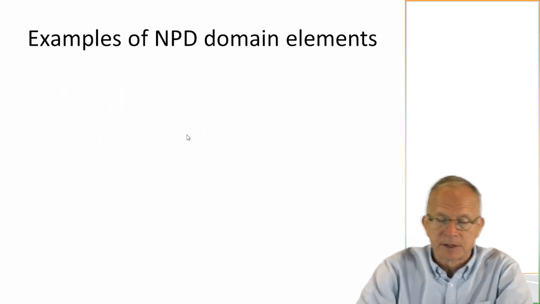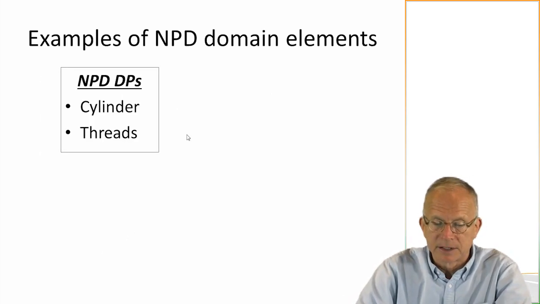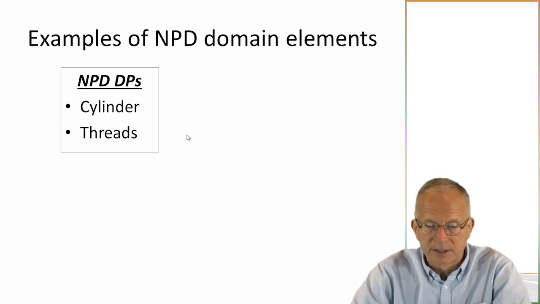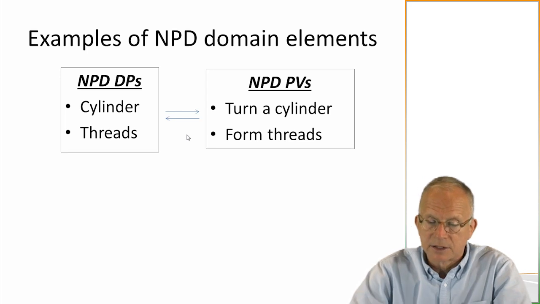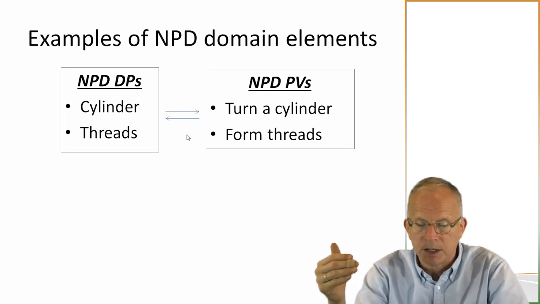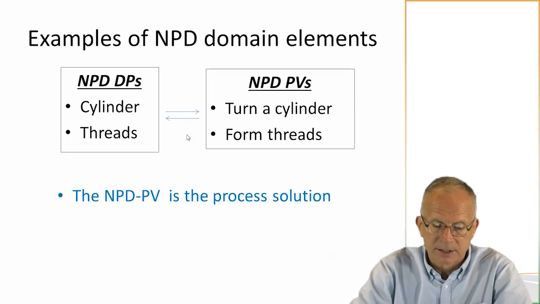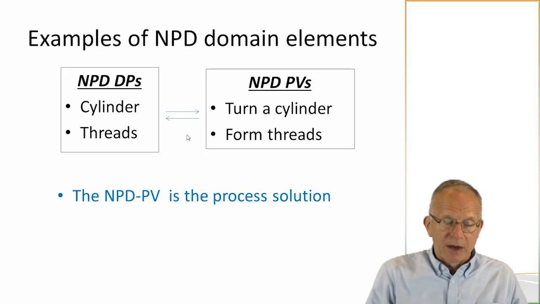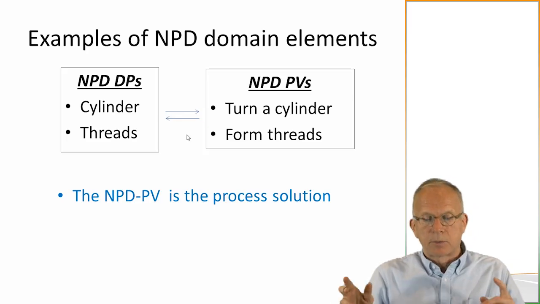So here are some examples of the new product development design elements. You might have a cylinder, you might have threads, the DPs. So the PVs for the new process development would be turn a cylinder and form threads. So the process solution is found in the new product development process variable.